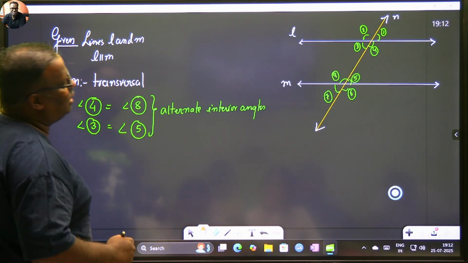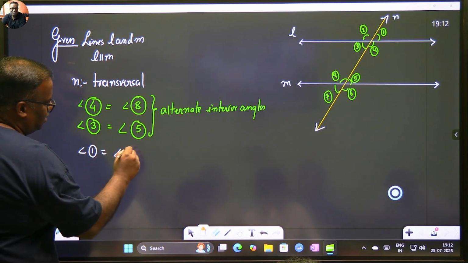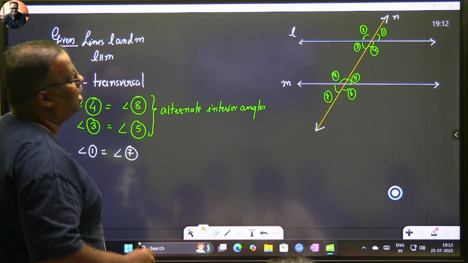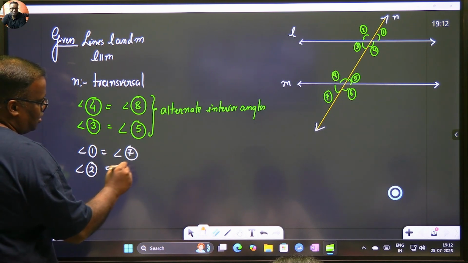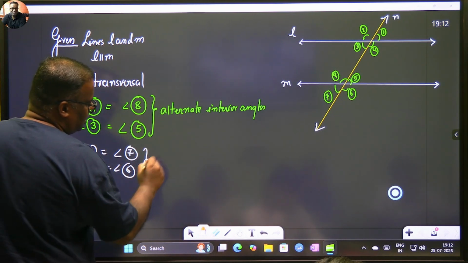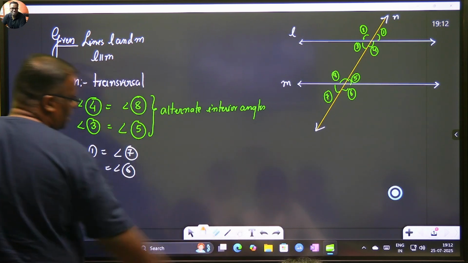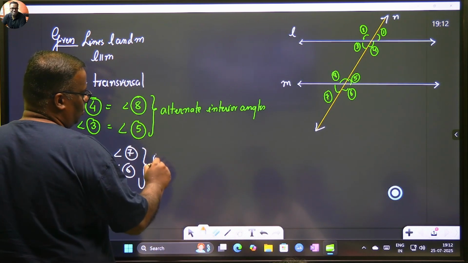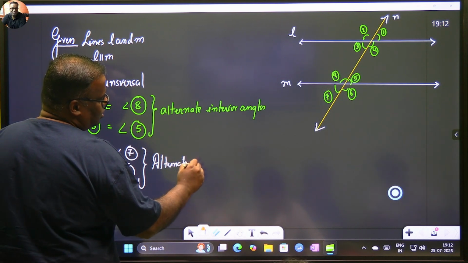Also, angle 1 will be equal to angle 7, and angle 2 will be equal to angle 6. These are known as alternate exterior angles. These are alternate interior angles, and these are known as alternate exterior angles.